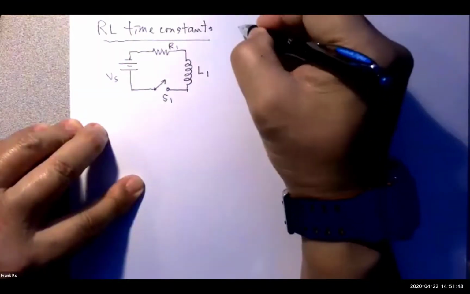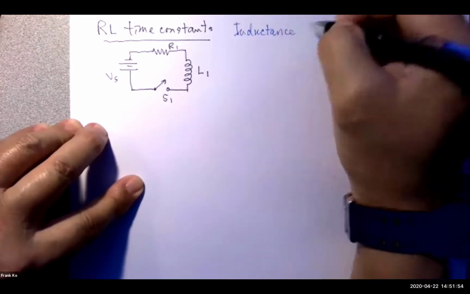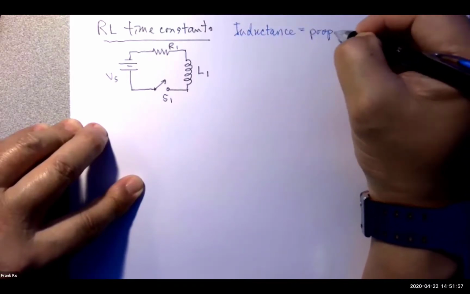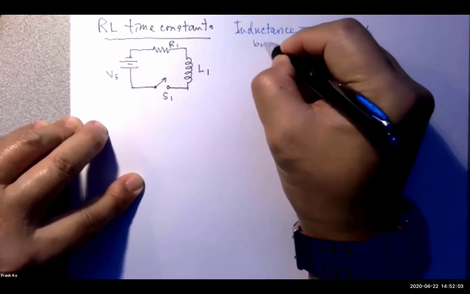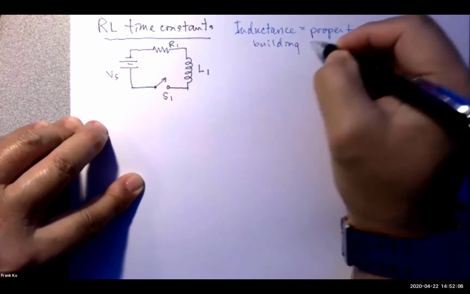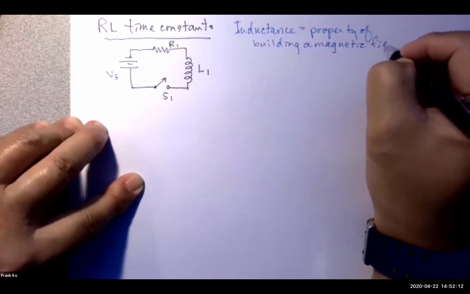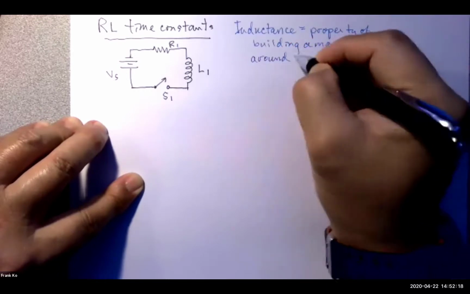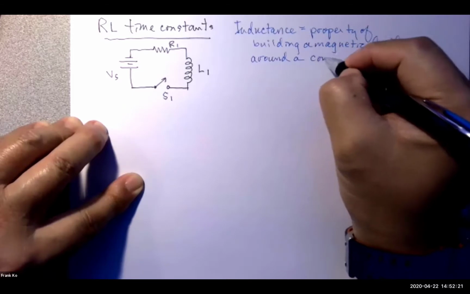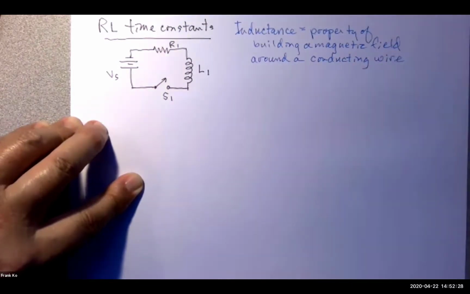So here's an interesting property. Inductance: the property of building a magnetic field around a conducting wire, period.